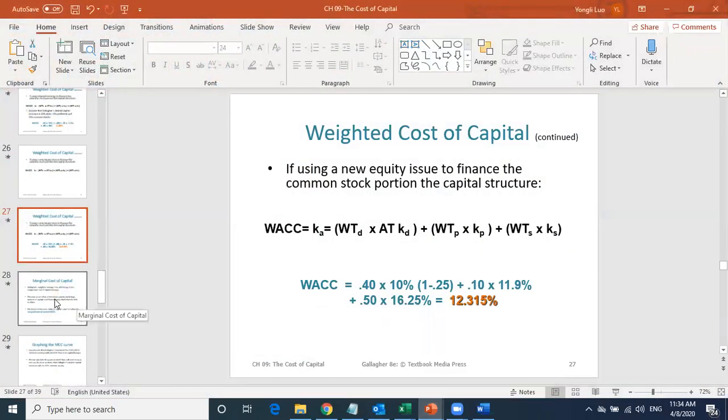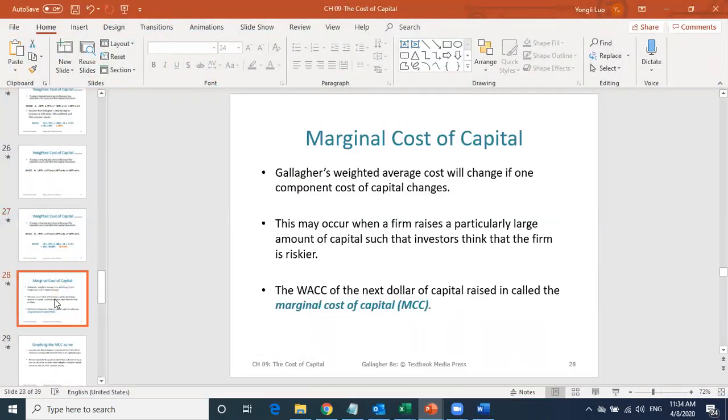Okay, next topic is marginal cost of capital. The weighted average cost will change if one component cost of capital changes. That means we want to know the WACC of the next dollar of capital raised. This is the marginal cost of capital.